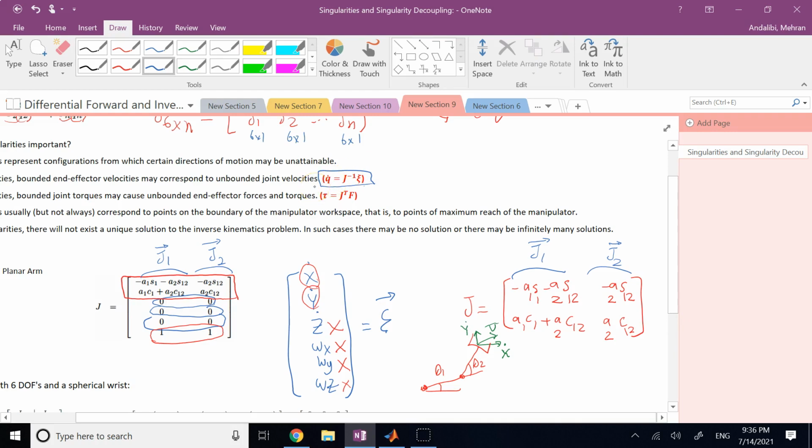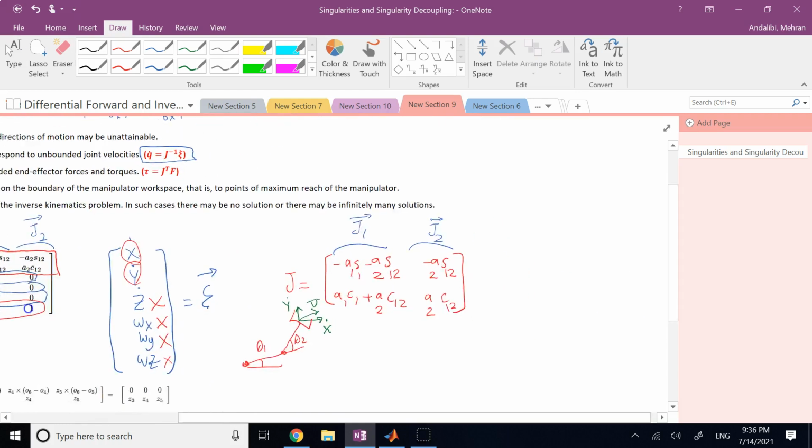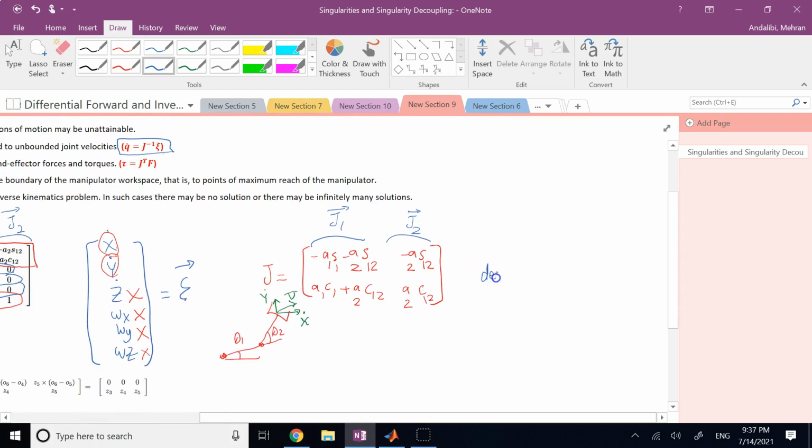Okay, so again, if the matrix is full rank, it means when it's a square, you can also say the determinant is non-zero or the inverse does exist. So rank is good for rectangular, really, in general, but if it's a square, we can talk about the determinant. So the question is, does the determinant of this J ever go to 0 for any combination of theta 1 and theta 2?